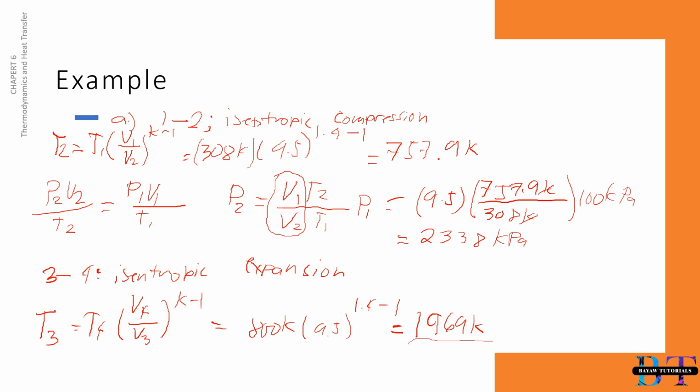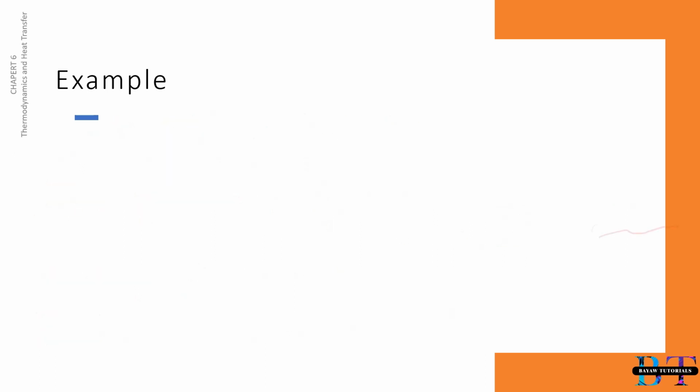Next, for the process 2 to 3, V is equal to constant heat addition.